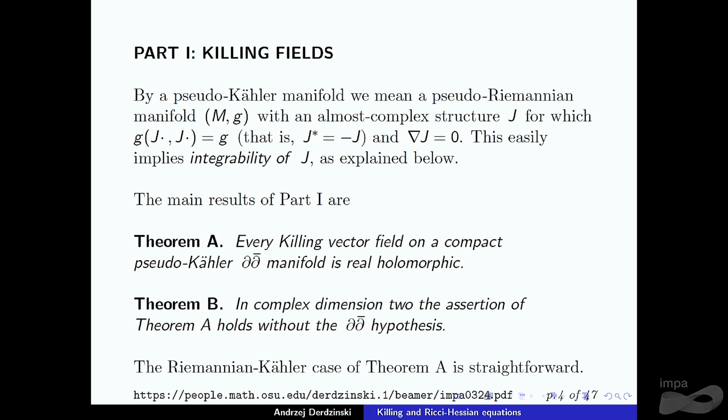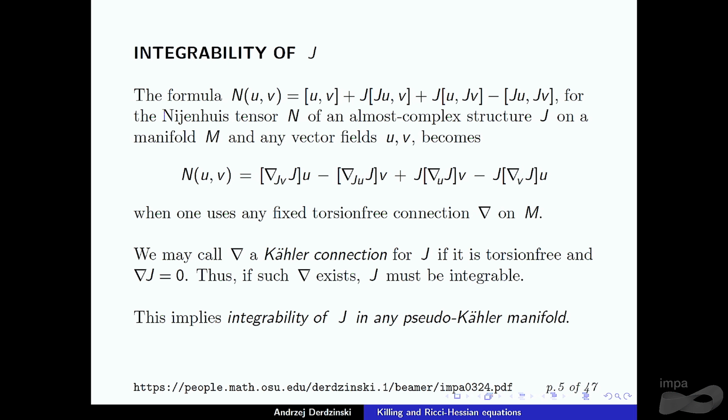So let me very quickly elaborate on some details here. First of all, if you write the Nijenhuis tensor of any almost complex structure using the formula on top, then you can fix a torsion-free connection on your underlying manifold and rewrite this Nijenhuis formula in terms of the connection. And then you see very clearly that if this connection makes J parallel, it vanishes identically.